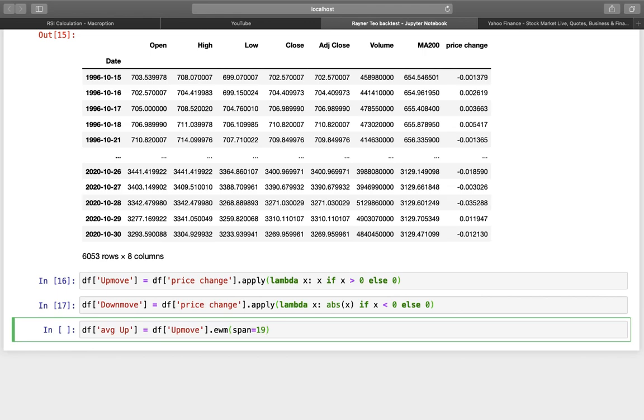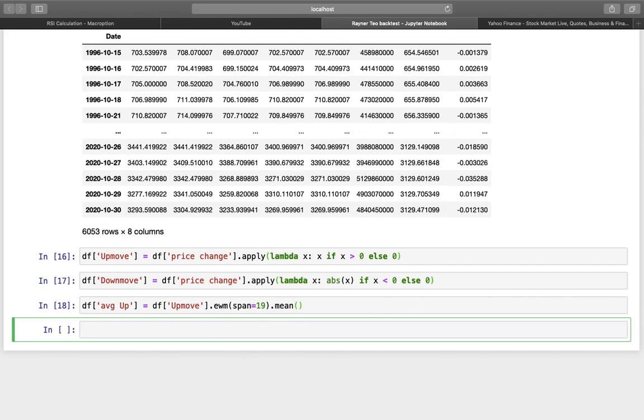So this is just taking the 10 period measurement, okay? And now I'm just taking the mean. With that, I've defined the average up move, okay? So let's execute that.